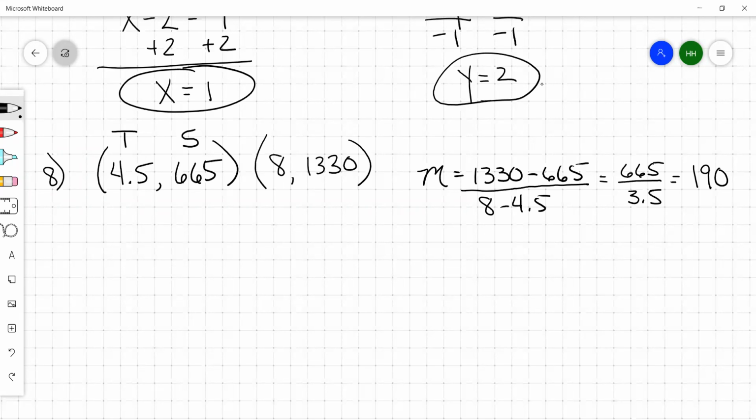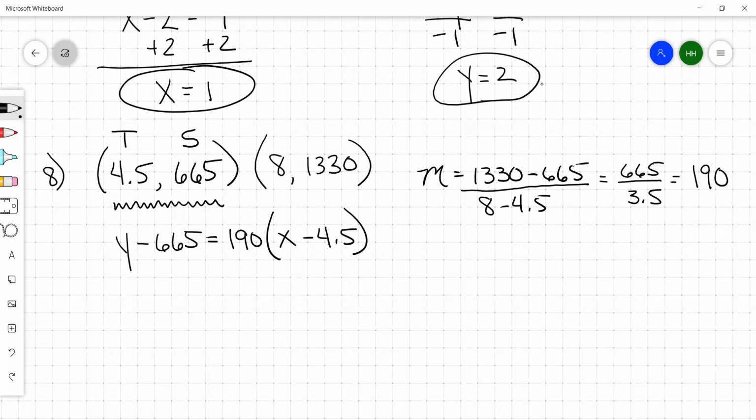So then we're going to write an equation. Going to use the first data point. We're going to go y minus 665 equals the slope times x minus 4.5. There's your linear equation in point slope form.